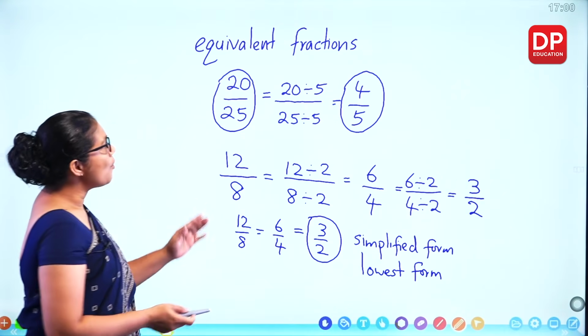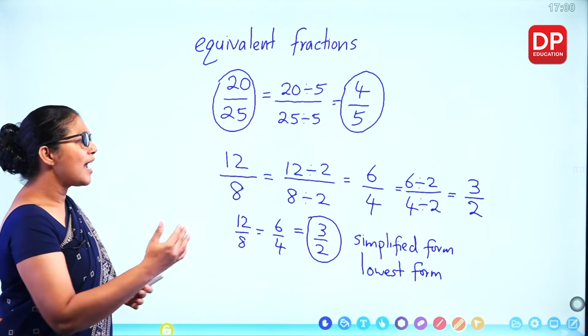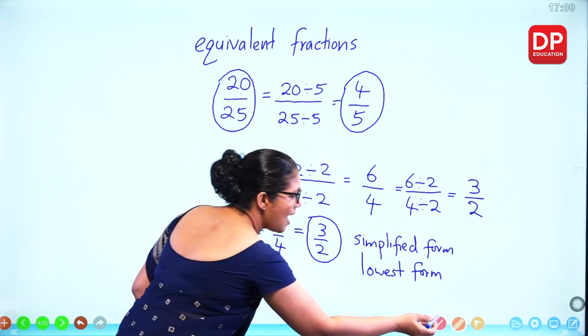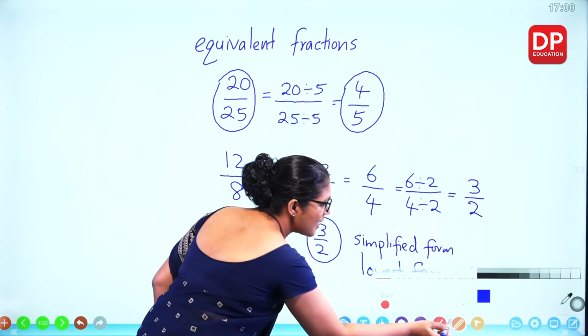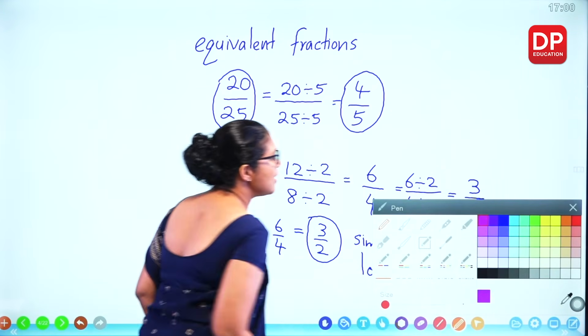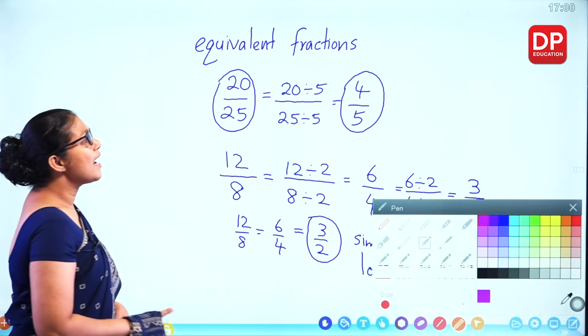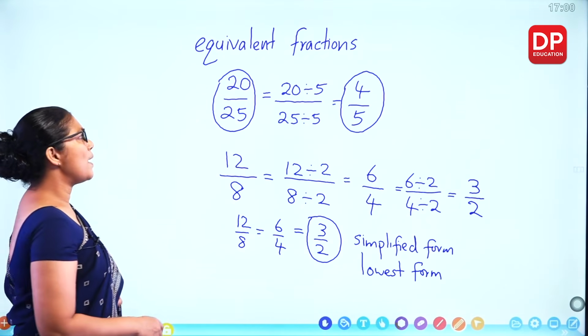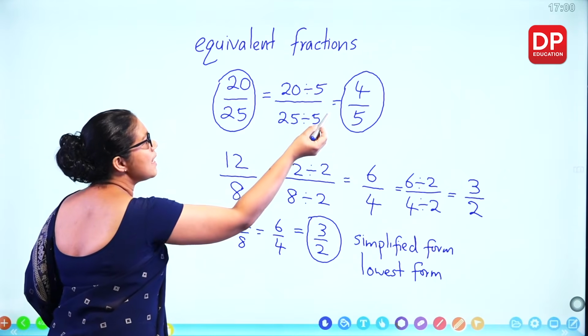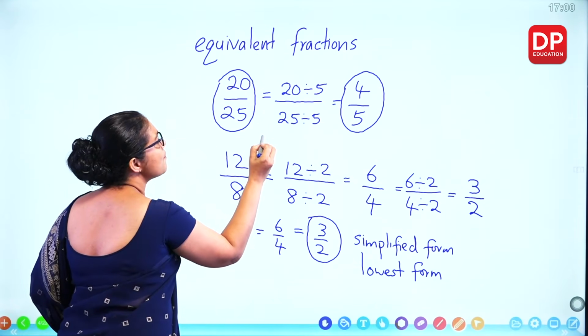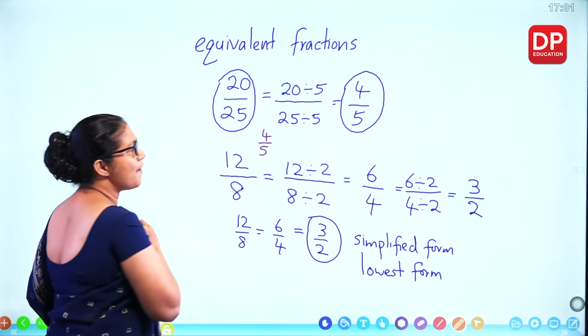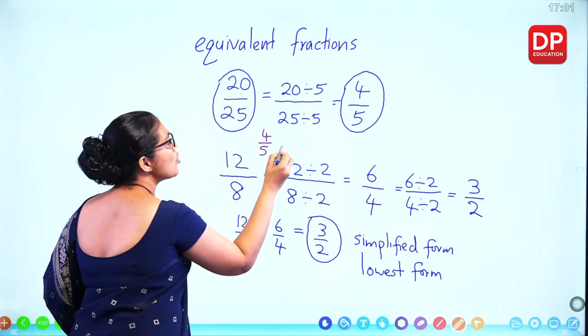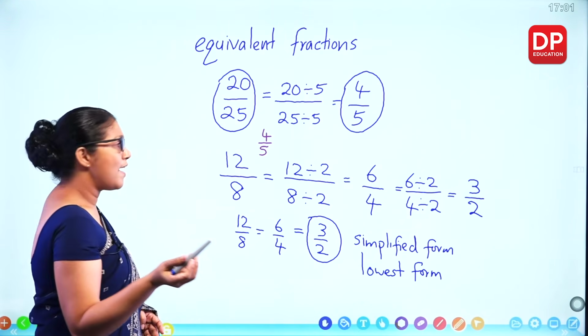So here, now we did division. You can do the same thing with multiplication as well. I want to take another fraction and show you. For example, if I take this one as the initial fraction, I want to find an equivalent fraction.